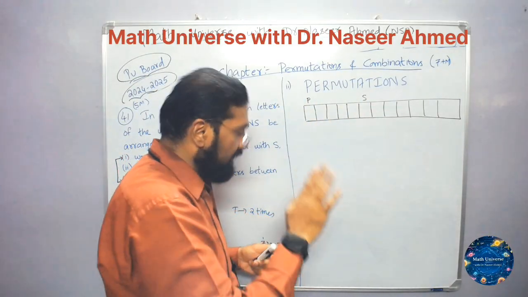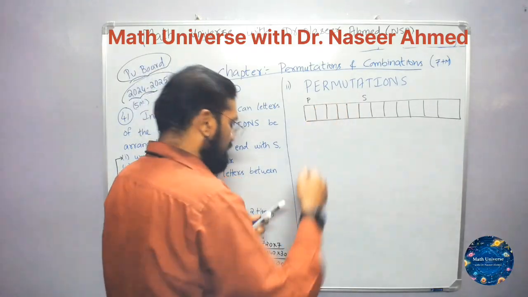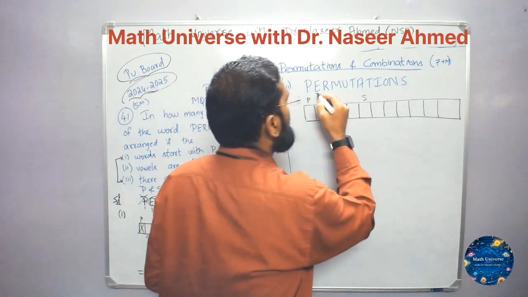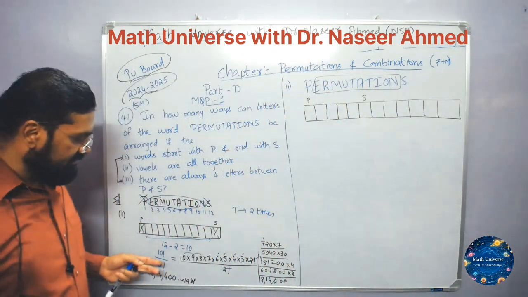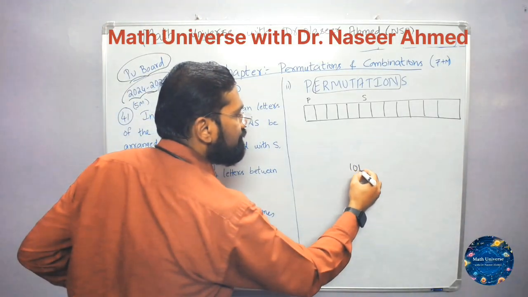So as soon as I fix this P and S here, remaining word permutation will be again arranged in the same manner, nothing but 10 factorial divided by 2 factorial.